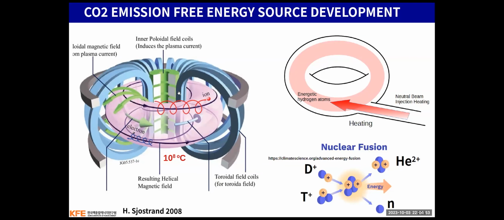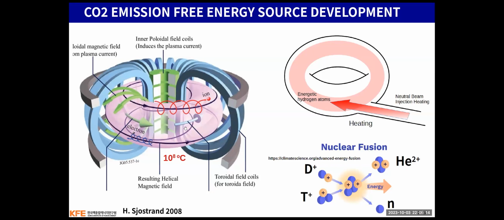These toroidal coils generate the toroidal magnetic field, and in this toroidal magnetic field, ions and electrons are confined like this. And here the fusion process generates the electric power.